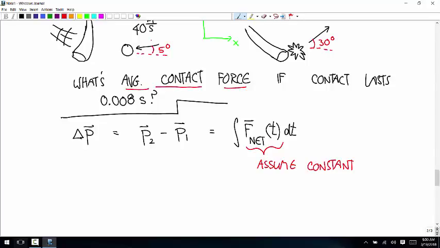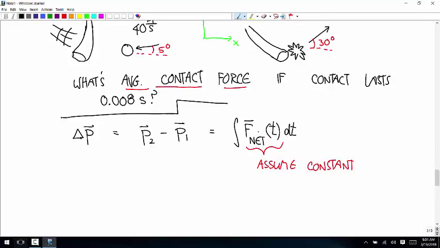And if you're asked for the average, that's the same as assuming that that force is constant. And that's the only kind of problems we're going to do. So we're always going to do this. But if you did know something about that function, you could put more detail into that. You could also assume that this is a linear function, like it starts out at 0 and ramps up to a maximum or something. But we're going to always assume that it's constant.